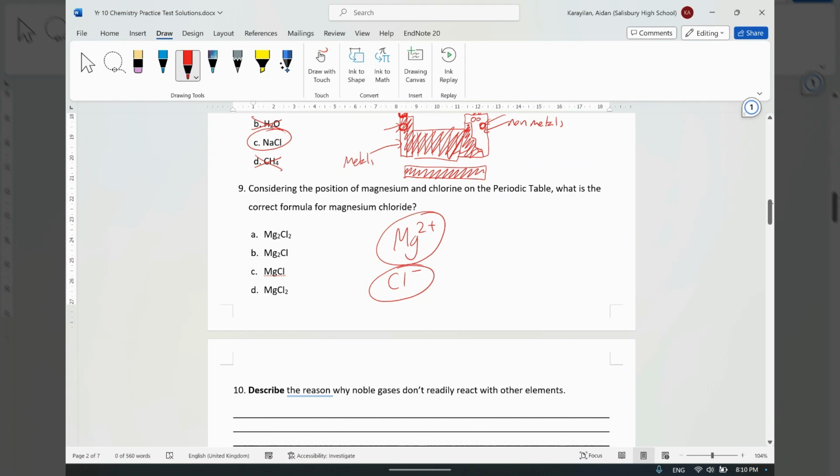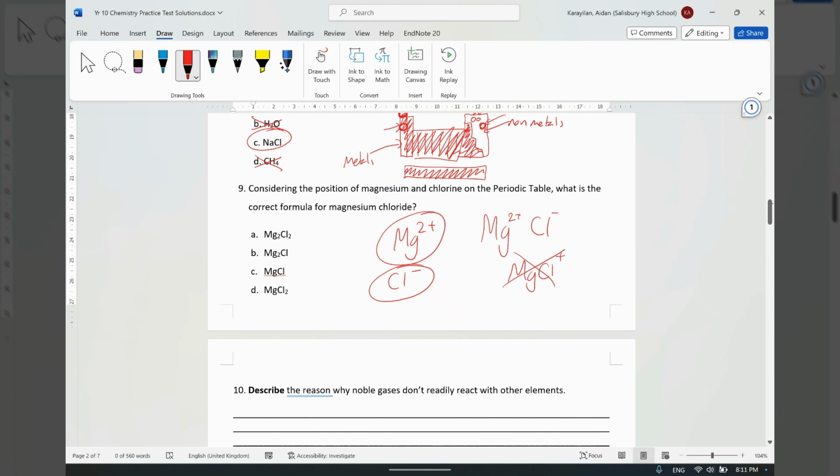Now, if we just had one of these and one of these, so just MgCl, we'd have 1 negative charge here, 2 positive charges. That would end up with a positive charge left over. So 2 positives minus 1 has a charge left over, and we cannot have that. We need to combine appropriate quantities of each of these 2 substances so that all the charges are cancelled out.